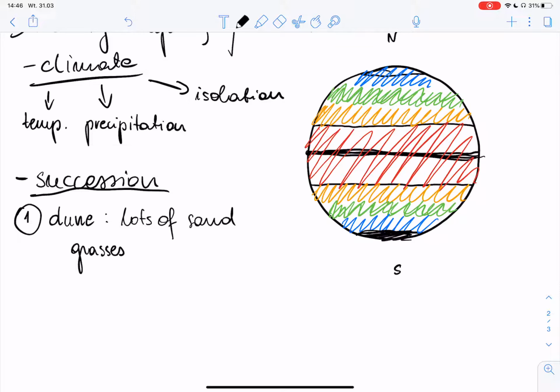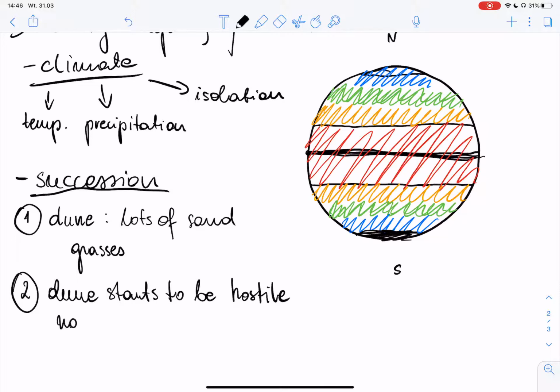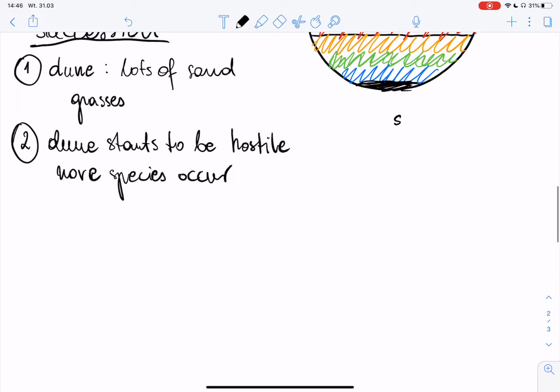So after some time, the dune starts to be friendly. That means that more and more species occur. More and more species start to occur, and basically, what is happening at this point, soil is formed.